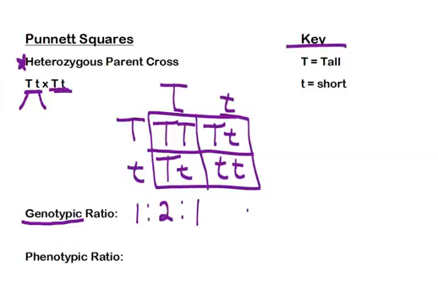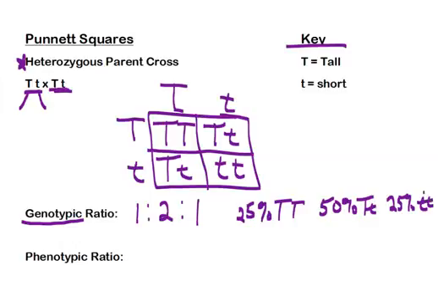So if you're going to look at percentages, 1/4 or 25% could be homozygous dominant. They have a 50% chance of being heterozygous, and they have a 25% chance of being homozygous recessive. Now the phenotypic ratio, this is the possible ratio of what the physical appearance of the plants would be.